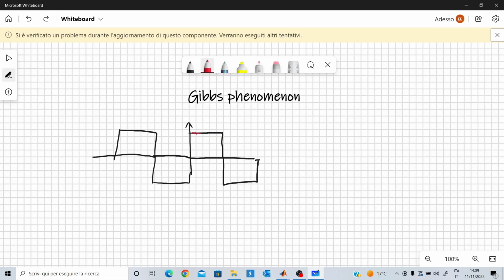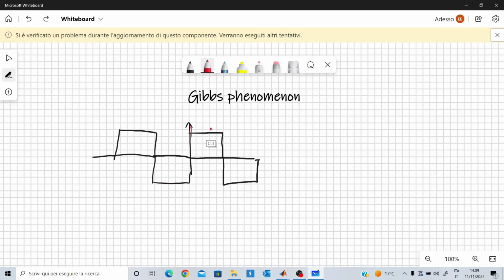The oscillations will become smaller and smaller, and in the limit the function will coincide with the Fourier series here, but there is still an overshoot very close to the discontinuity in the limit, and the same holds for the negative values here. So there is an undershoot in this case, a negative overshoot if you want, here as well, and similarly for these discontinuities here.